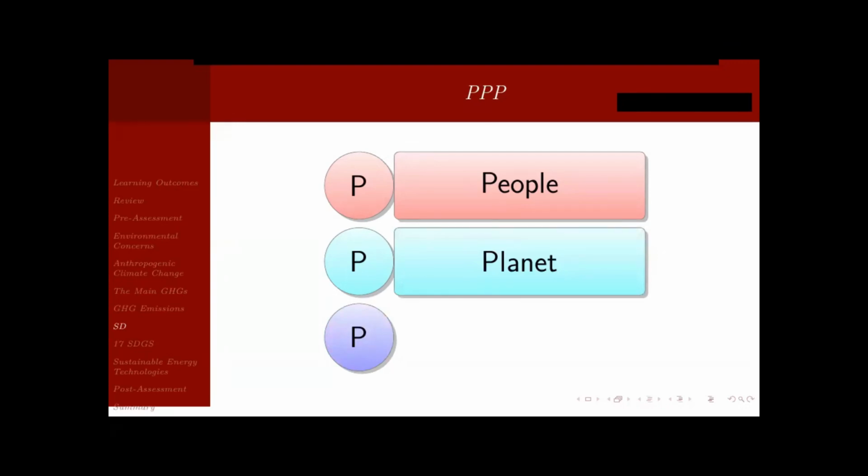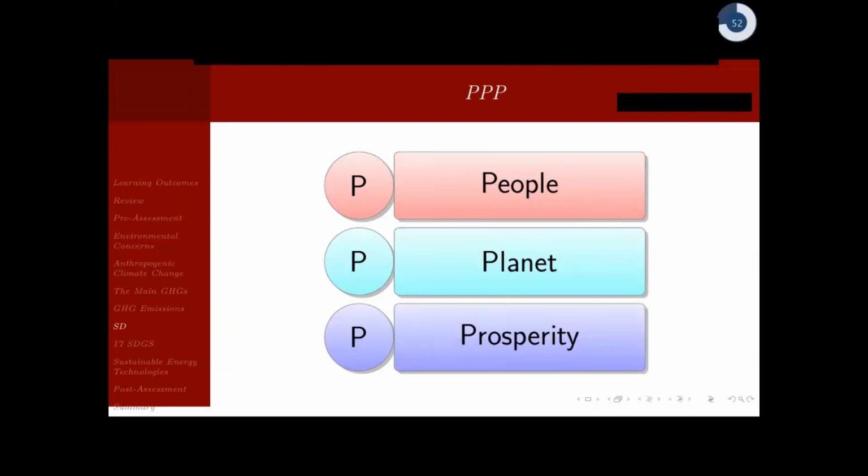But profit sounds kind of mean or cheap to some people. So rather than using profit, you can say prosperity. That's the term. Inherently, maybe it means profit, but it's better to term it as prosperity.